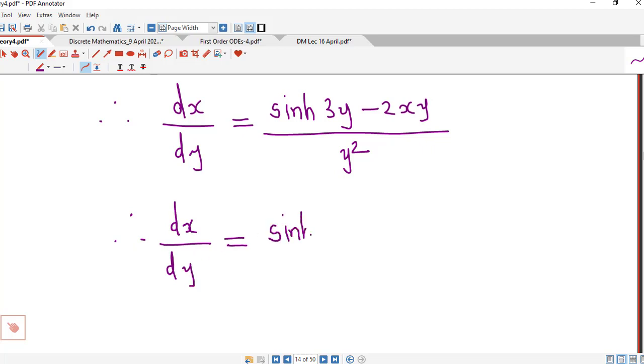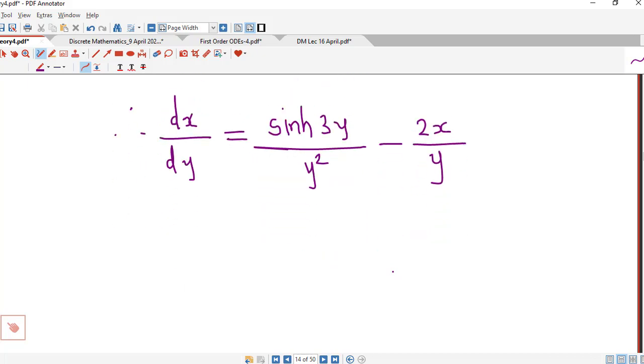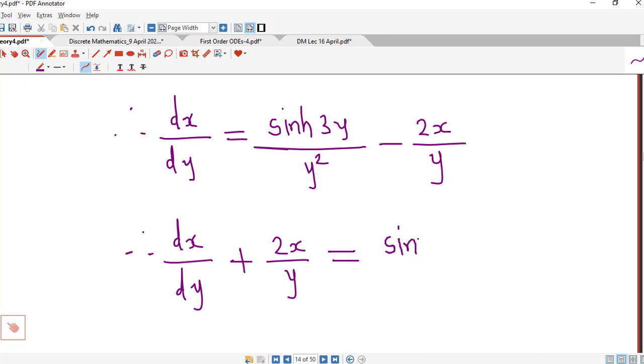Now this right hand side can be rewritten as sine hyperbolic 3y over y square minus 2xy over y square. So one y will cancel out and we have minus 2x divided by y. Therefore dx by dy plus 2x divided by y equal to sine hyperbolic 3y over y square.